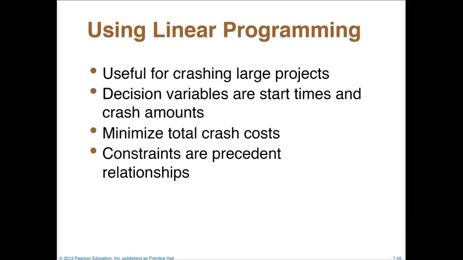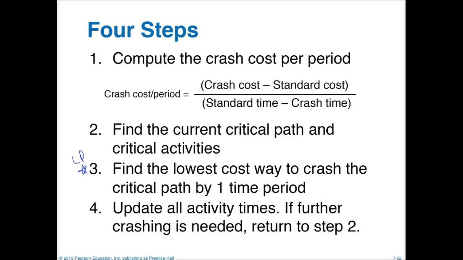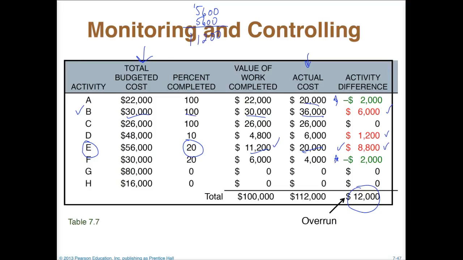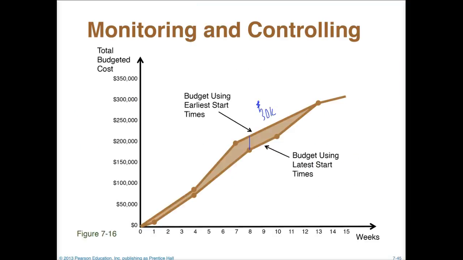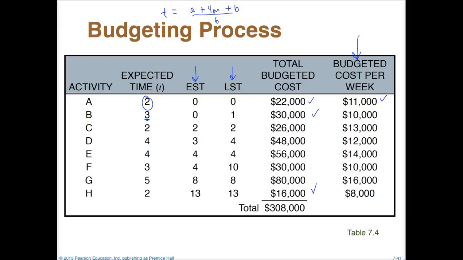So let's go back and check that. Okay, and I think we said here that activity B, standard time is going to be 3 weeks there. And if we go back here, just to be sure. Yep.